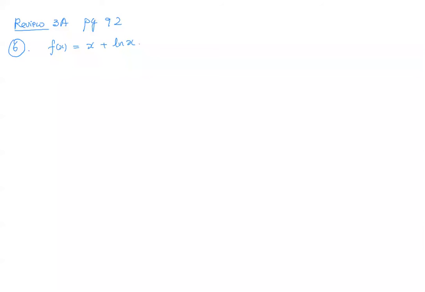Yeah. So I'm going to do part by part for you. Part A, the domain, because of ln, will be x, where x is a member of the real numbers and x must be greater than 0, okay?